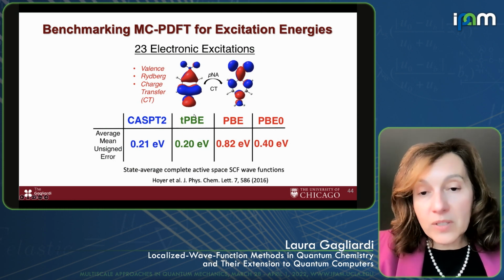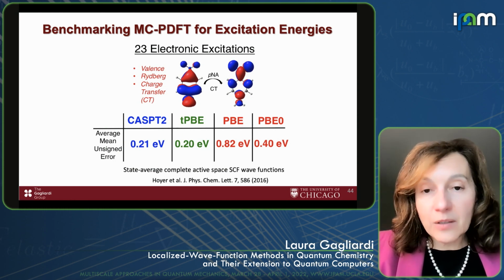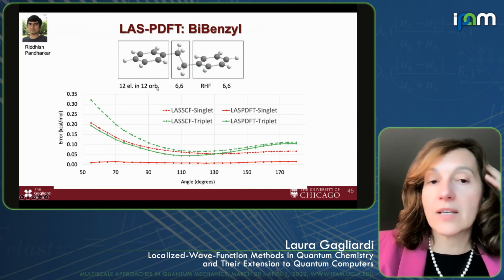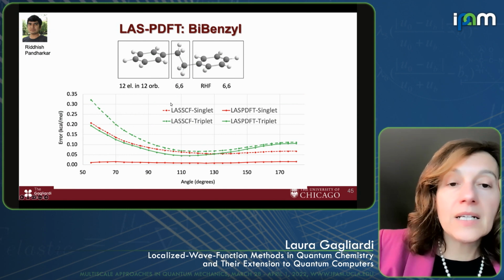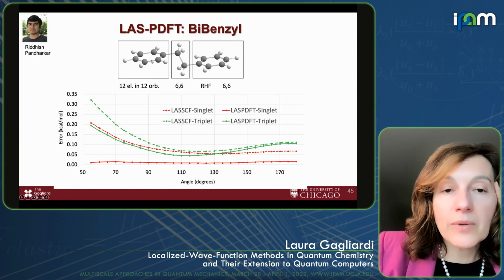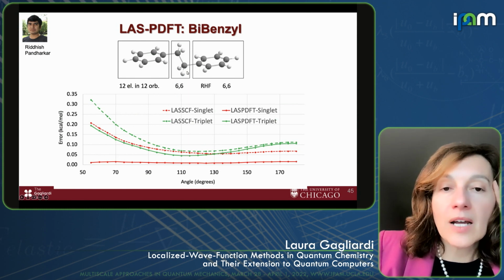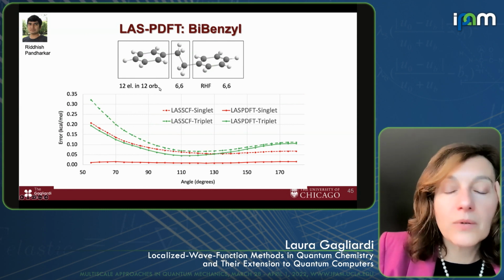And so we have used this pair density functional theory also in combination with these localized active space wave functions. Here is an example with bibenzyl, so there is a carbon-carbon single bond in between these two aromatic rings.